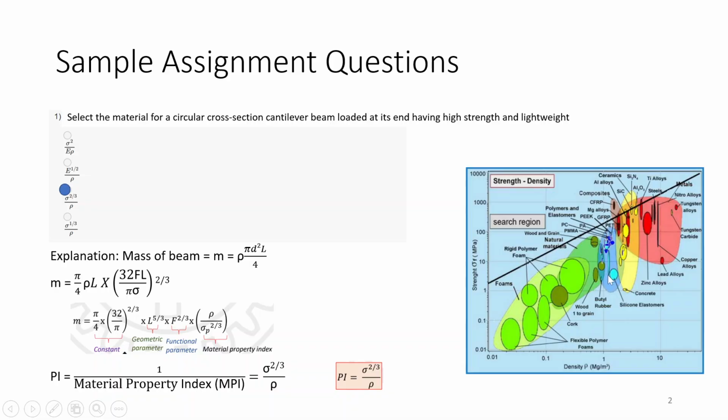Below this line are materials which don't fit the criteria, and materials above it fall in the search region. For selecting a cantilever beam you will select materials falling in this range, so the various ceramics and CFRP are the ones you can select.